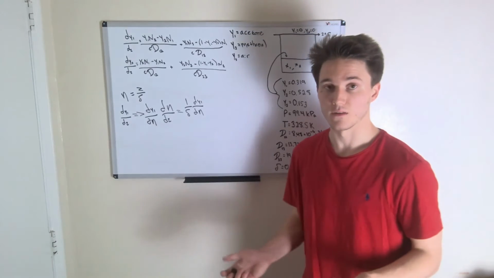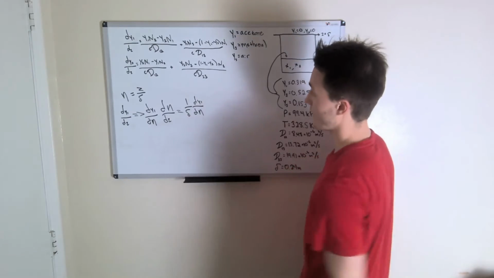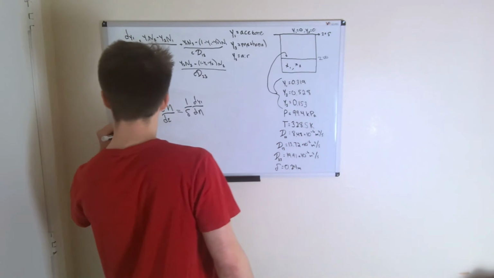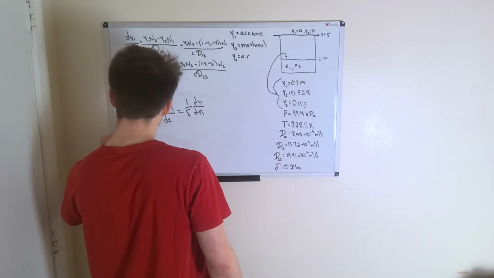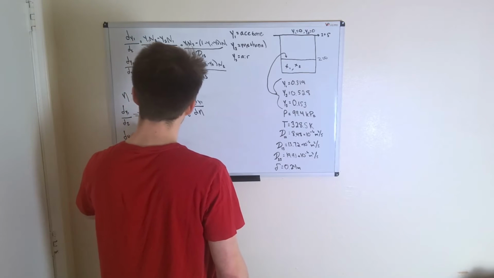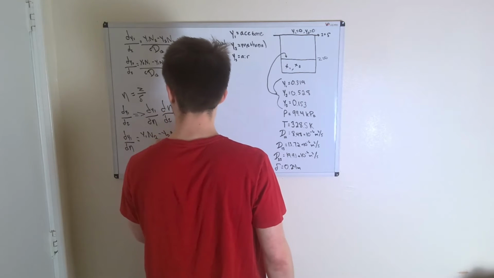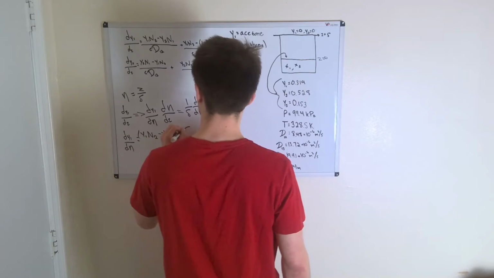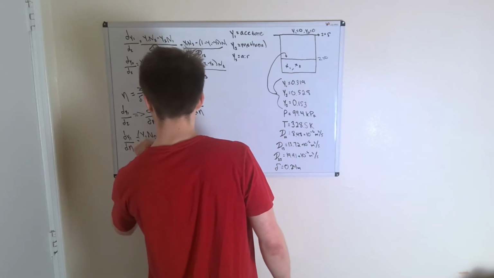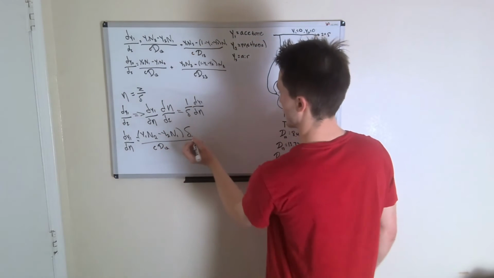So next, we want to plug this into the Stefan-Maxwell equations. And we do that by multiplying this delta across the whole thing. So we get dy1 over d eta is equal to y1 N2 minus y2 N1 multiplied by delta over the concentration multiplied by the Stefan-Maxwell diffusivity of 1 and 2.